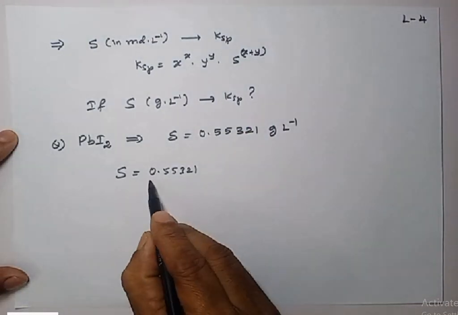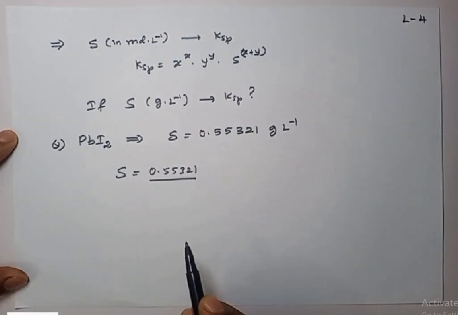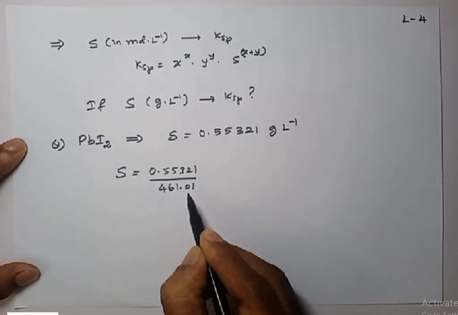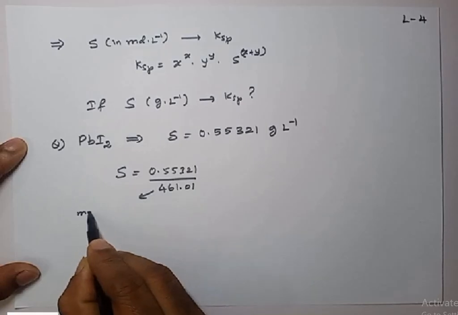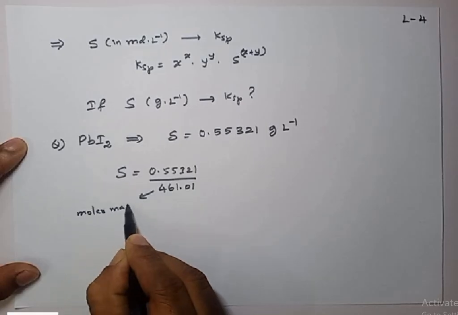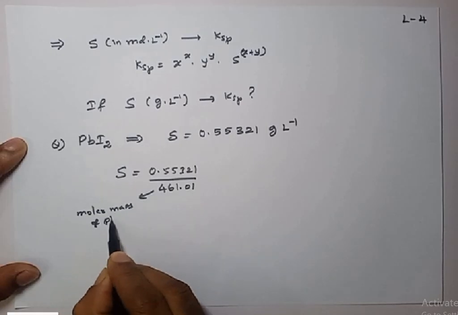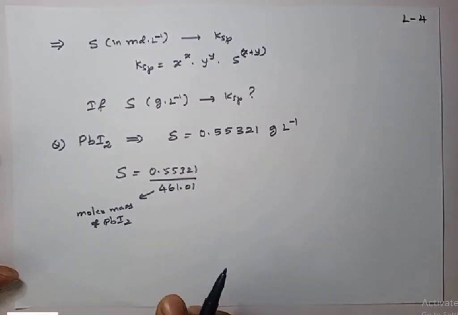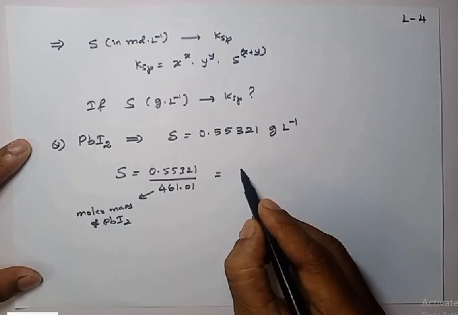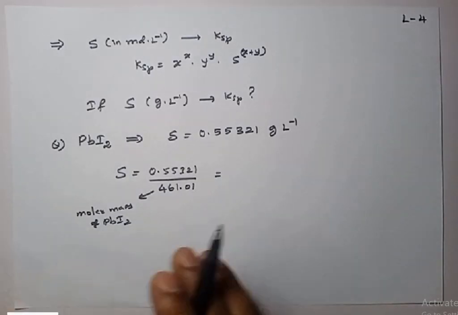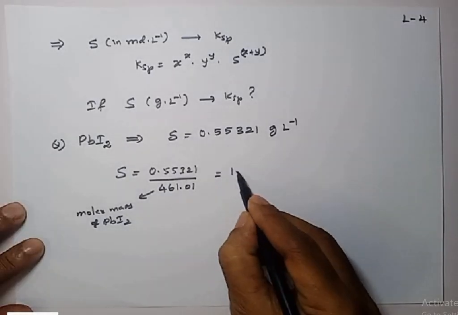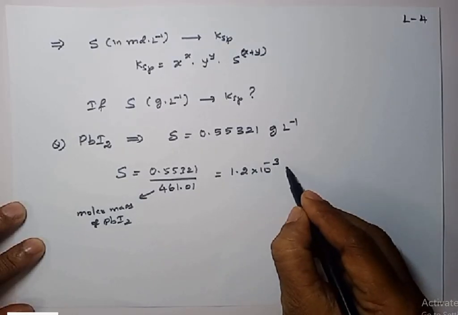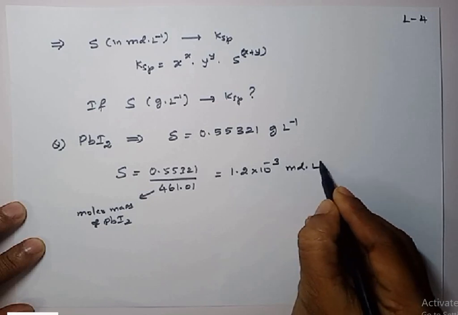So what is the molar mass of lead iodide? The molar mass of PbI2 is 461.01. If I divide this value by this, we get roughly 1.2 into 10 power minus 3. So this is this much mole per liter.